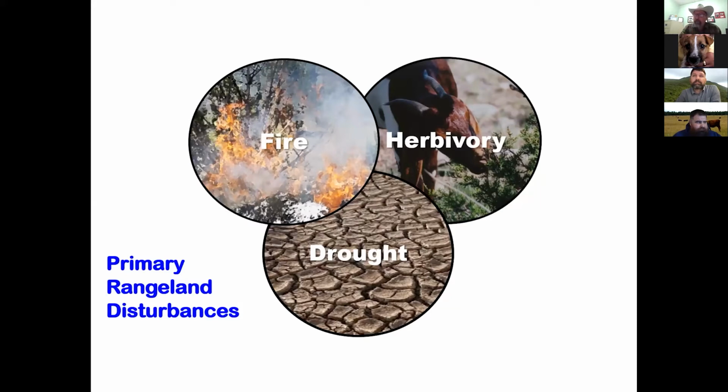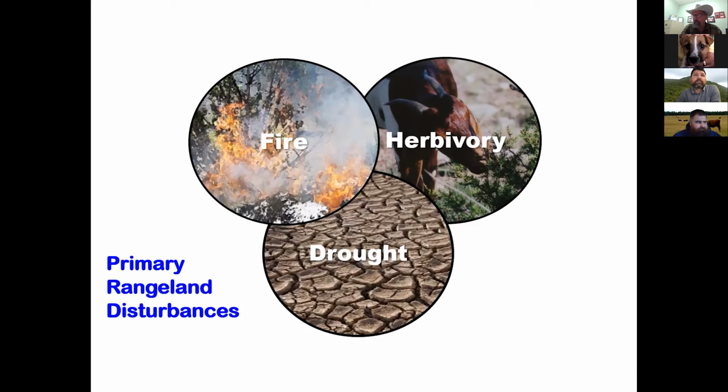Our rangelands, the condition that they're in, their function, how they are sustained or not, are really driven by, especially in the West and the Southwest, three primary drivers or disturbances or stressors, if you want to think of them that way: fire, herbivory, and drought.